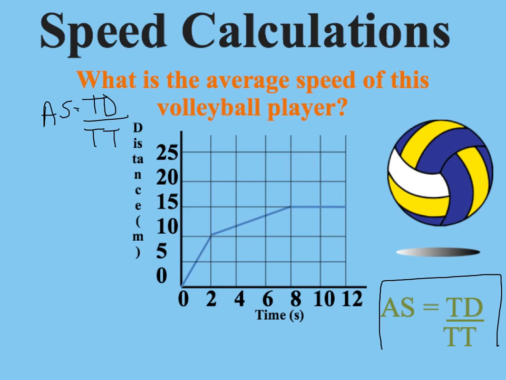So I looked at my graph. What is the average speed of this volleyball player? Well, the volleyball player from beginning to end traveled a total distance of 15 meters over a total time of 12 seconds. So I take 15, I divide that by 12.